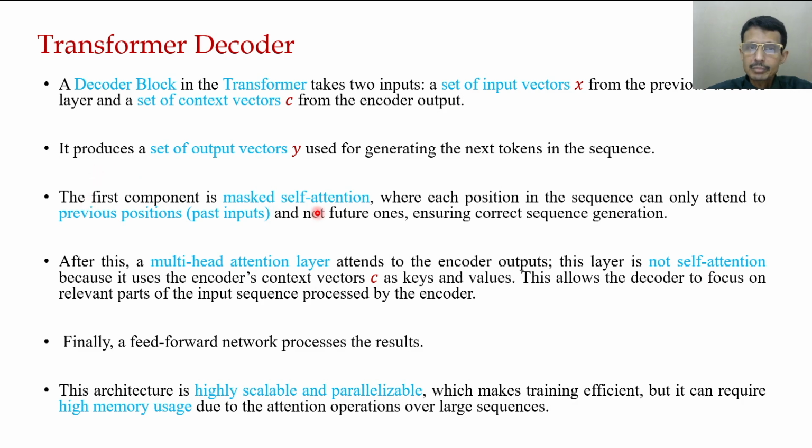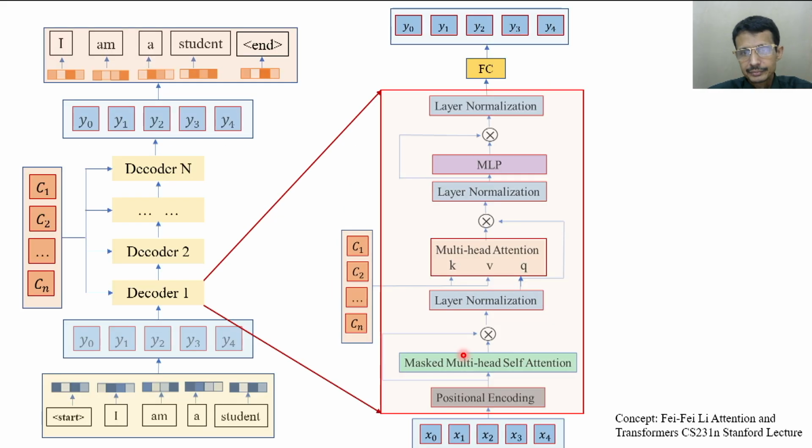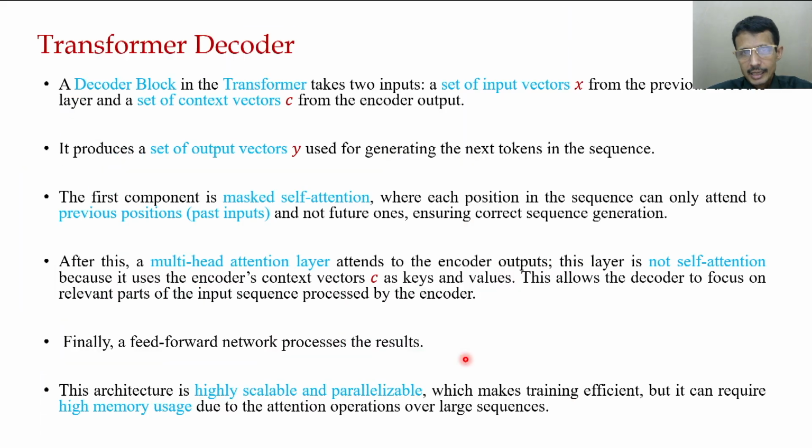The first component is masked self-attention. What does this mean? As we said, each position in the sequence can only attend to the previous positions or past inputs, not the future ones, ensuring correct sequence generation, and that is called masked self-attention. That is here. Then after this, a multi-head attention layer attends to the encoder outputs.